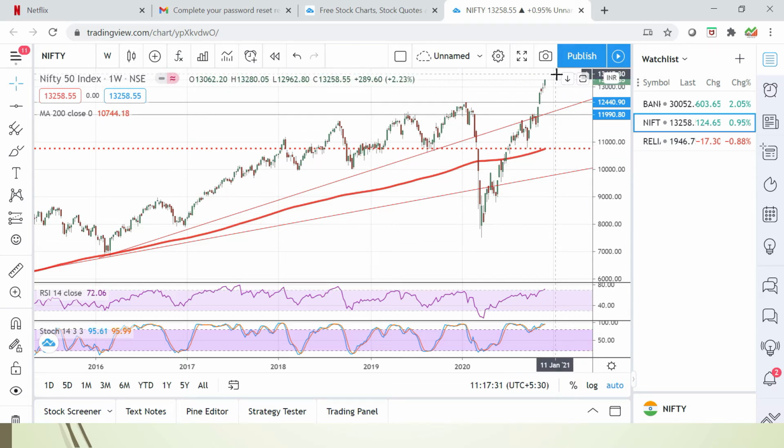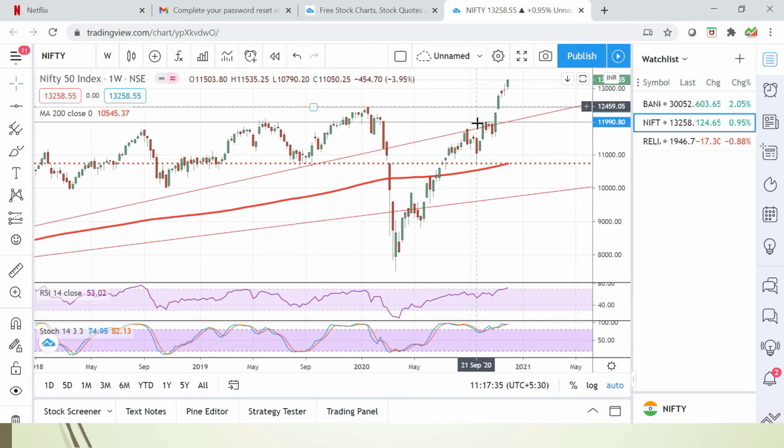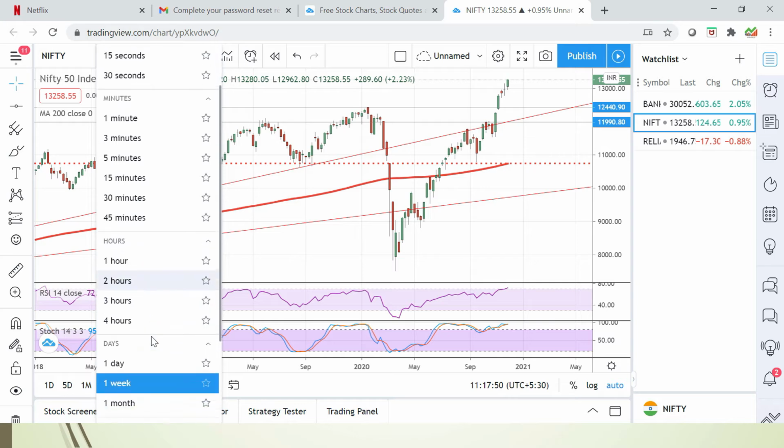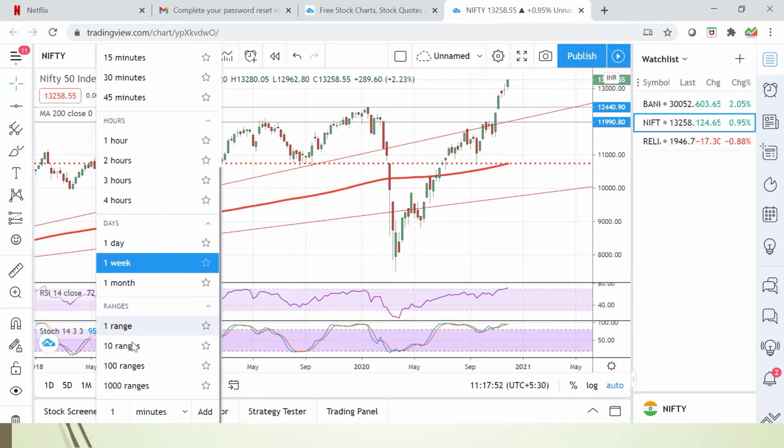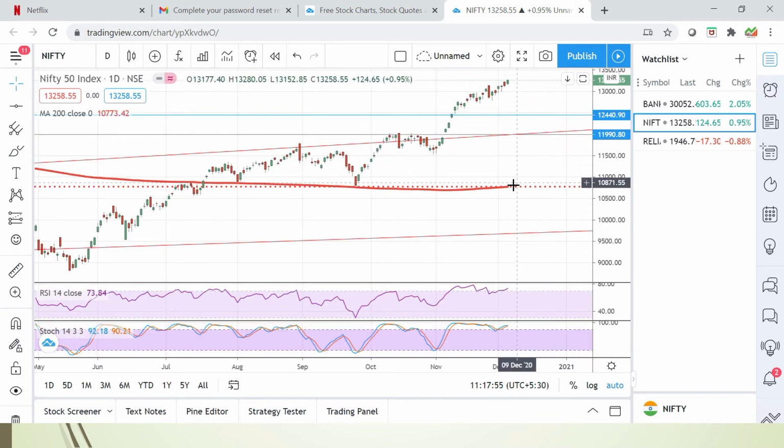Looks like a very good long-term uptrend, and we have found a few support points where, if there is any correction, these points are going to support the Nifty. As well, on the daily chart the 200-day moving average is going to provide the next level of support. That will require quite a correction, because it's quite far from the price right now.